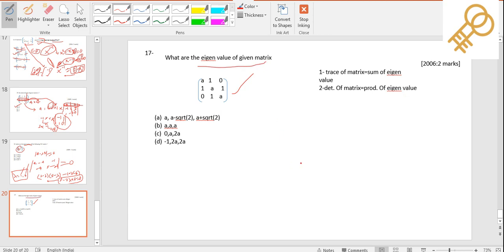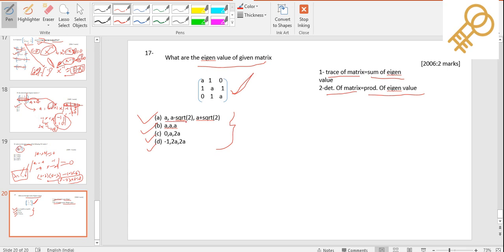As I have told, the trace of the matrix will always be equal to the sum of the eigenvalues, and the determinant of the matrix will always be equal to the product of the eigenvalues. They are asking which of the given options will be the possible lambda values for the given matrix. So we can solve this question with the help of the option elimination method.